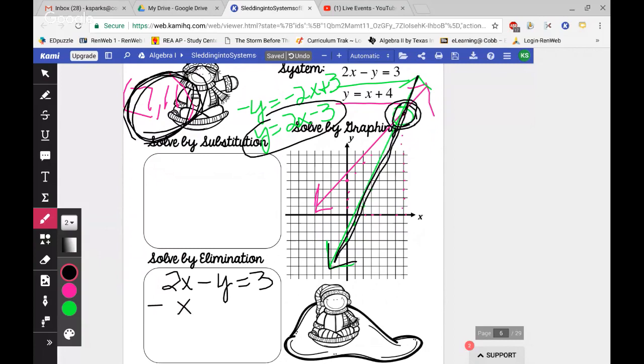So like this line, y equals x plus 4, what is the y-intercept? For y, this one. 4. Yes, see? So I graphed the 4. It's right here. And then what's the slope? X, which would be 1. Yes.